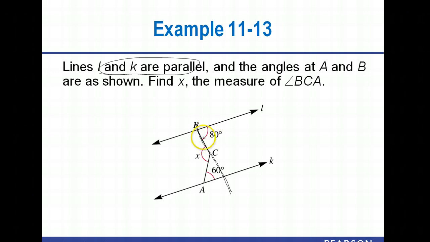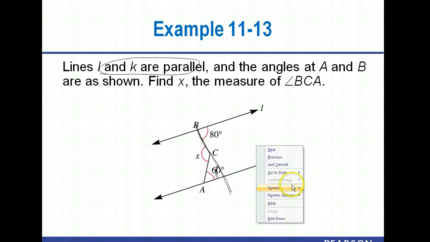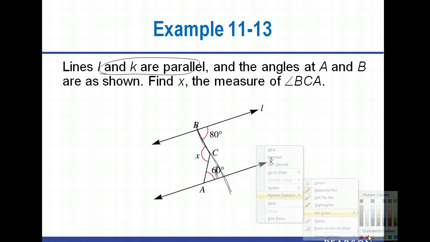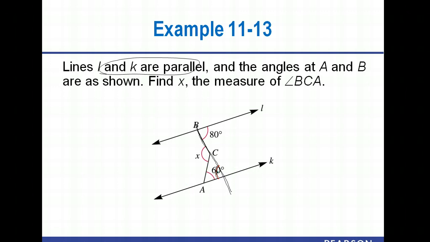That means that this 80 right here is actually the same as this angle right here, right? And let me change the color of my pen so you can actually see what we're doing. Red, we'll do red. This angle right here, yes? That angle right there is 80 degrees because of alternate interior angles.